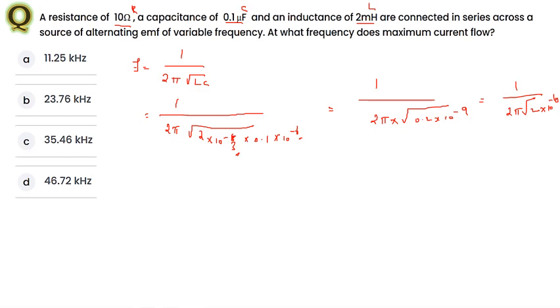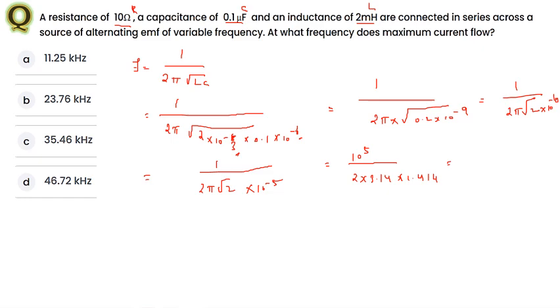The root of 10 power minus 10 is 10 power minus 5, so this becomes 10 power plus 5, from denominator to numerator. 2 into pi is 3.14, into 1.414, the root 2 value.